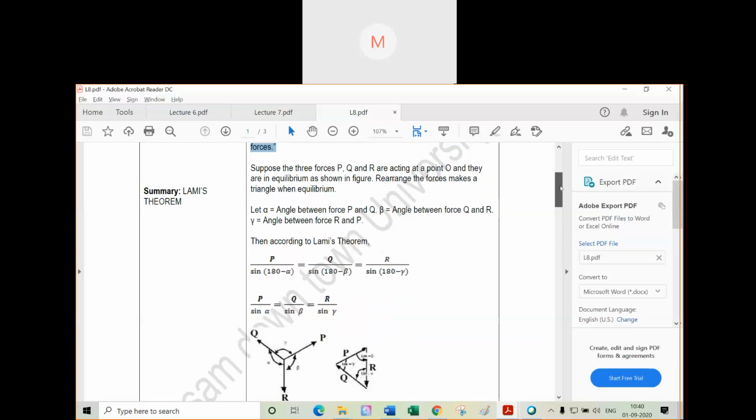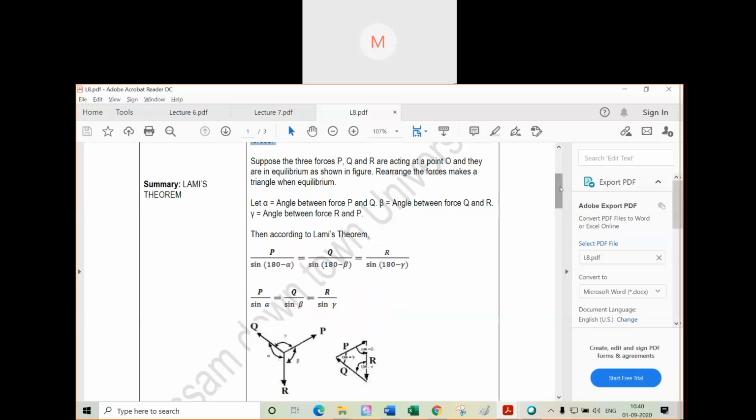Suppose three forces P, Q and R are acting at point O, and they are in equilibrium as shown in the figure.